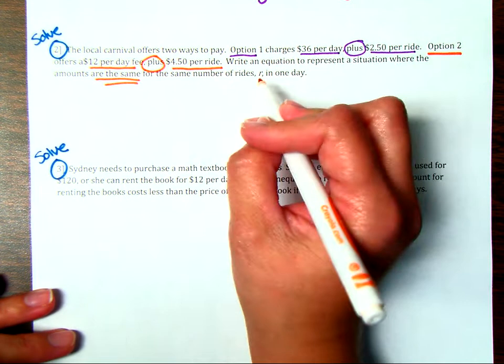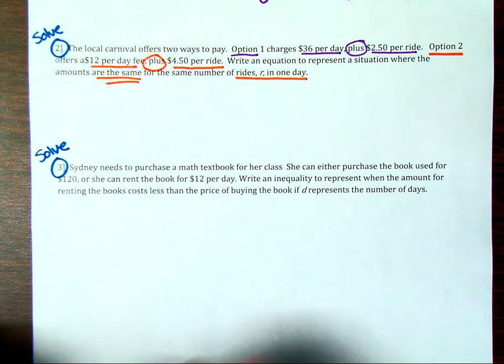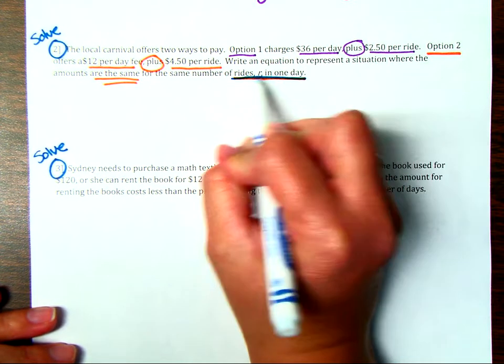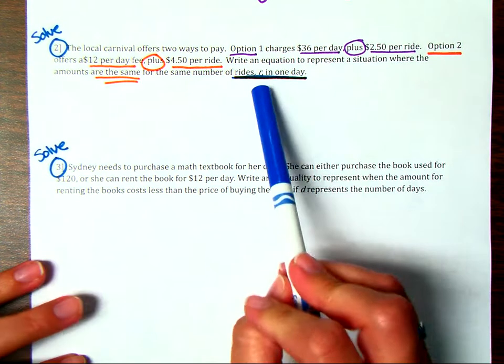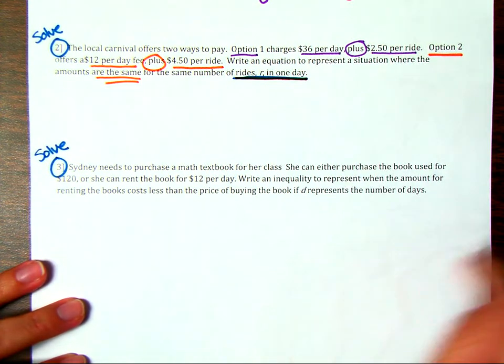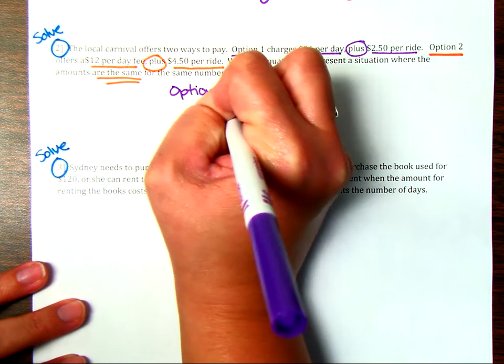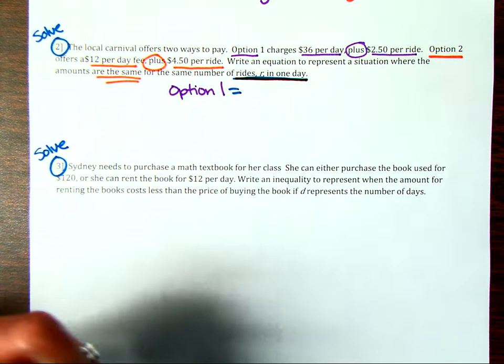And they're telling you that the rides for 1 day. So sometimes when you guys are looking at this, you're like, well, $36 per day, well, that means $36 times the days. But they're telling you your variable, we're just looking at 1 day altogether. So let's look. We want option 1 to be equal to option 2.